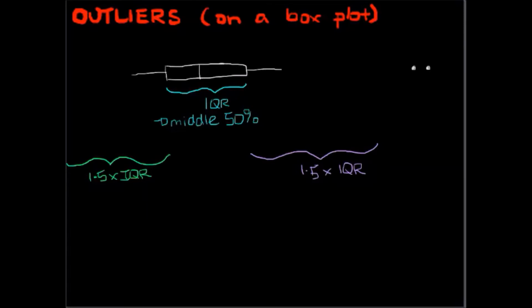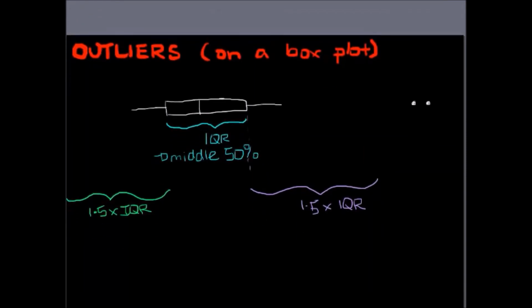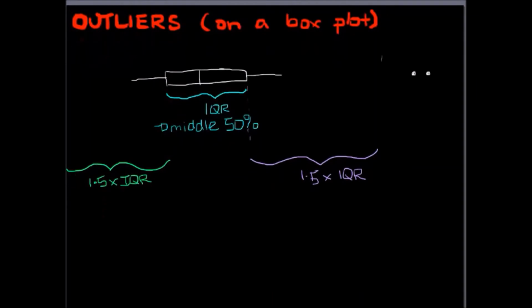And so, for the lower area, they've said from this line here, from Q1, I'm going to go back 1.5 lots of IQR and see if there are any points outside there. And if there were, they'd be called outliers. If I look at the upper end, I've got my 1.5 times the IQR, and I've added that on to where Q3 is, and in doing that, I'm just finding here, this line here is my Q3 plus 1.5 times the IQR.